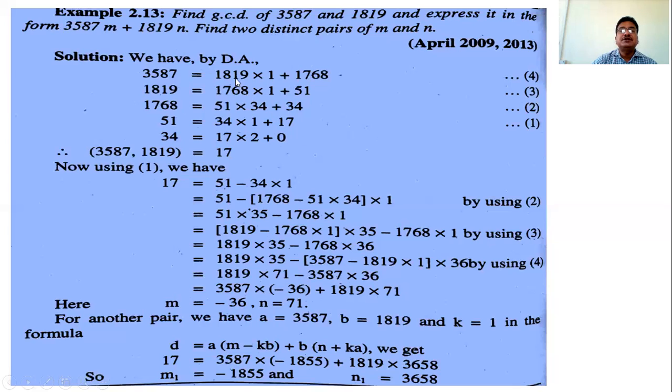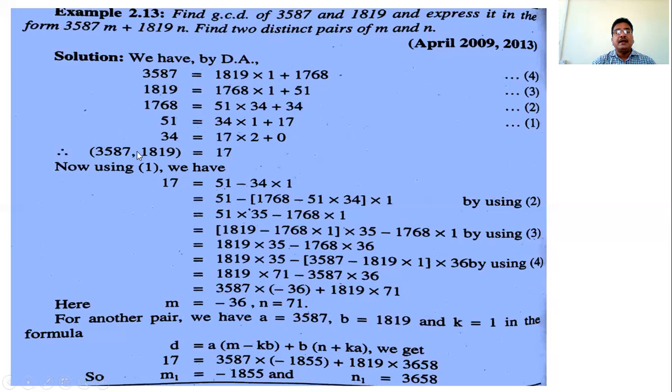How long is this procedure of applying the division algorithm continued? At the last, if the remainder is 0, then stop the procedure. The second last remainder, or the last non-zero remainder, which is 17, is the greatest common divisor of these two numbers, 3587 and 1819.